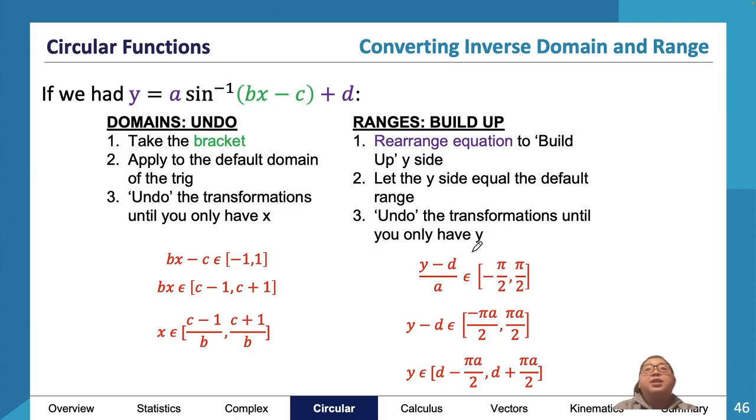So you could say that y belongs to this, and then just add the stuff to it, or you can rearrange and move everything onto the other side to make it bigger as well. So you'll have y minus d equal to negative pi on 2 to pi on 2, then you times everything by a, you'll get negative pi a over 2 to pi a over 2, and then you add the d. So you can see that both of them have been altered in some sort or the other.